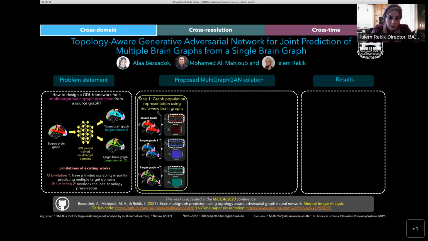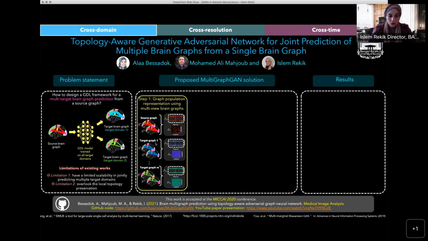So what we proposed here is to use a graph convolutional neural network. Basically, in this problem formalization, first, we have a set of source graphs, so for n subjects, S1 to Sn, and this is for training. We also have a set of target graphs across m domains.